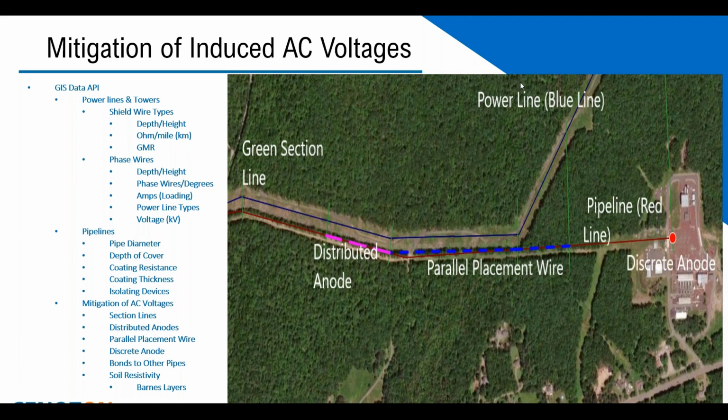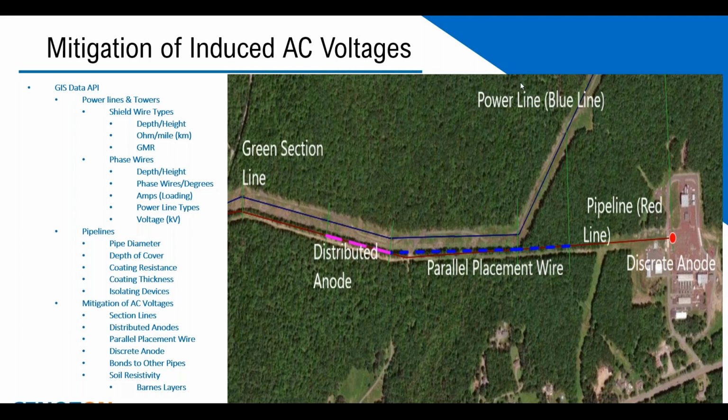And of course companies are uprating their systems, just like pipelines. The power companies increase the voltages to transmit more power, and the current will go up proportionally, obviously, but the whole point is we need to keep on top of what's going on.